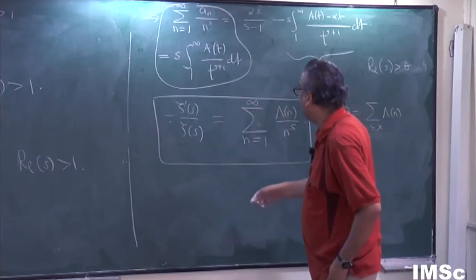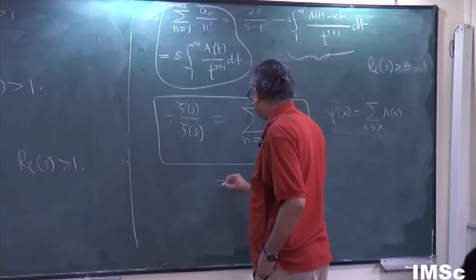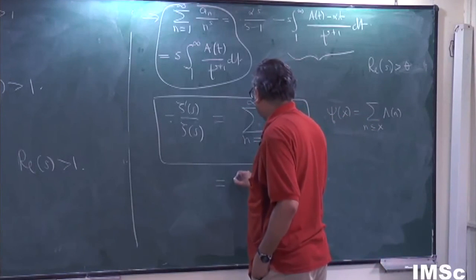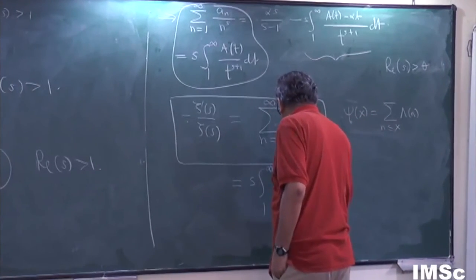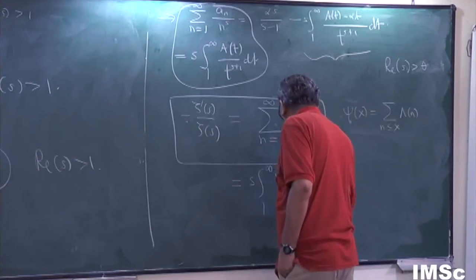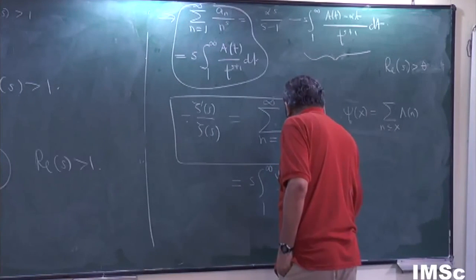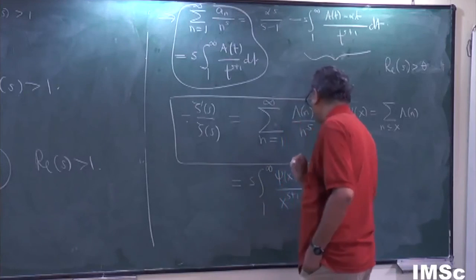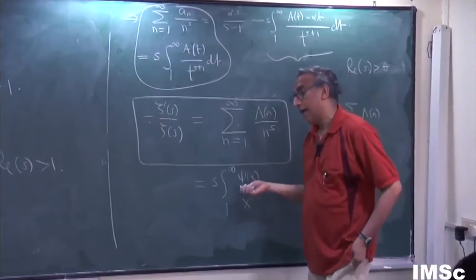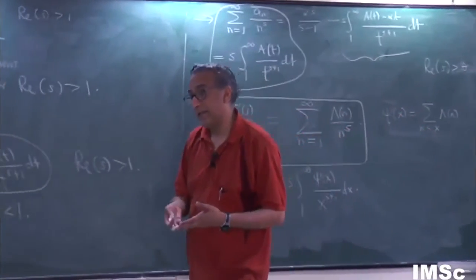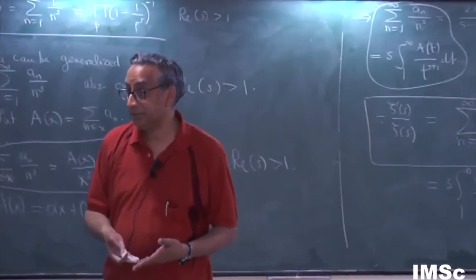So from here, we see that this can be written as... the prime number theorem is trying to say psi of x is asymptotic to x.